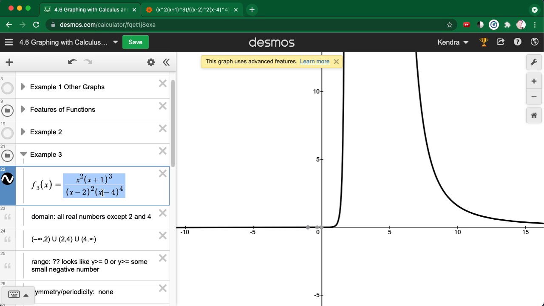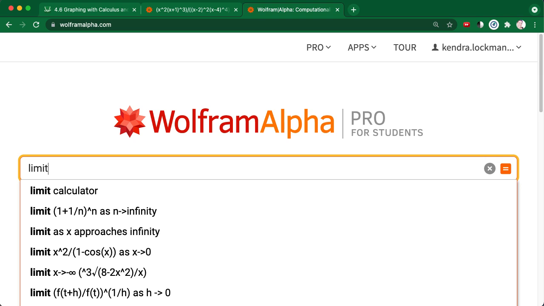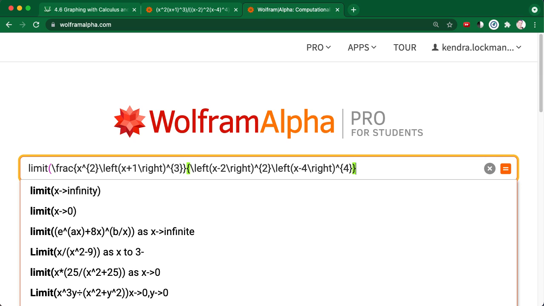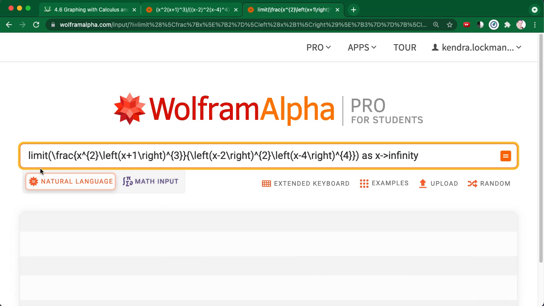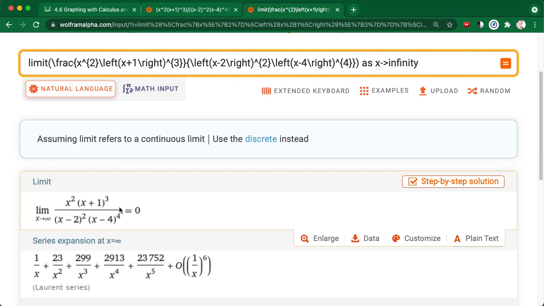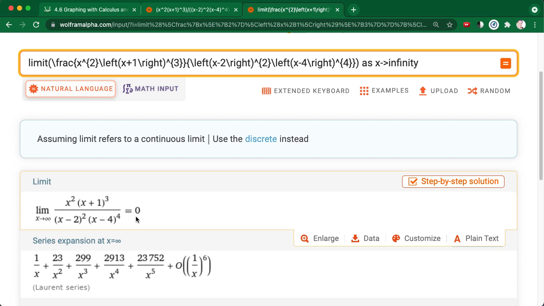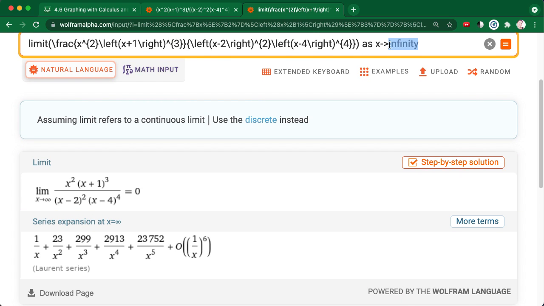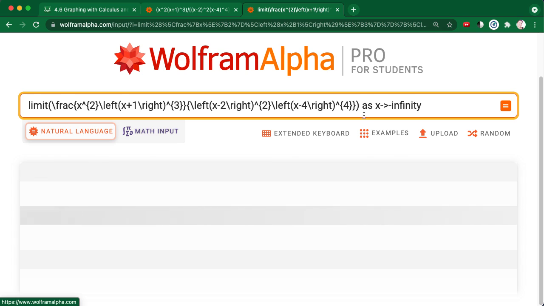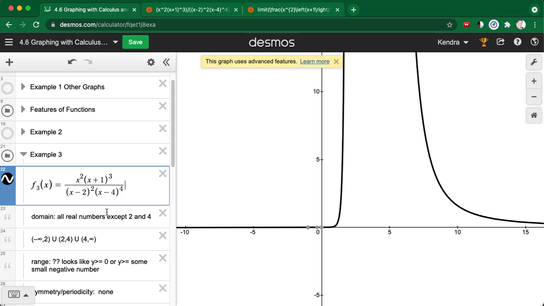I'm going to copy this and go to Wolfram Alpha and take the limit of that as x goes to infinity. Double check that it's doing the right thing. That looks like the same function. As x goes to infinity, the whole thing goes to 0. And also as x goes to negative infinity, let's confirm that. Should be the same. All right. Just confirming the things that we should already know here.